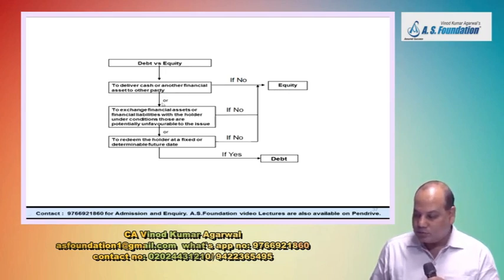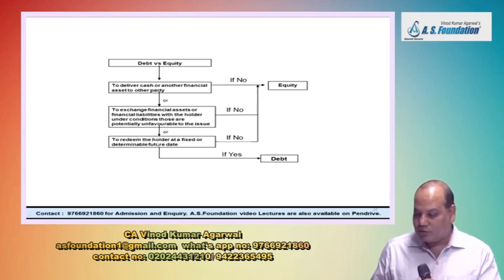If it is not so, then check whether there is a contract to exchange financial assets or financial liabilities with the holder under conditions which are potentially unfavorable to the issuer. Again, if the answer is no, it is equity.